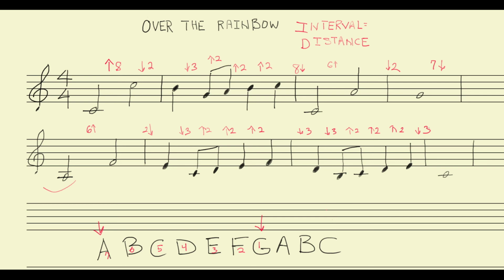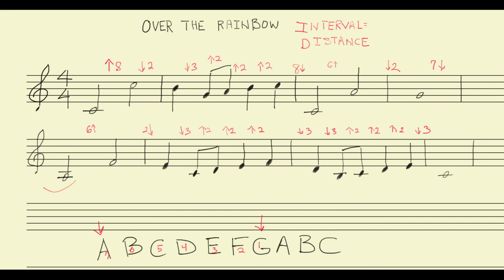Now, this is a very precise and detailed way of thinking of the distance that we travel, both in letter name and in direction, from one note to the other.